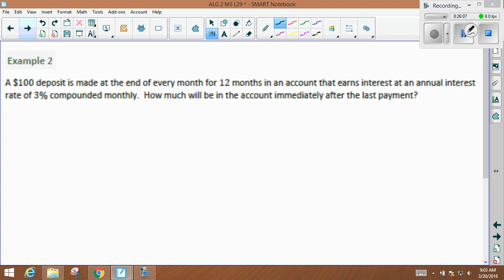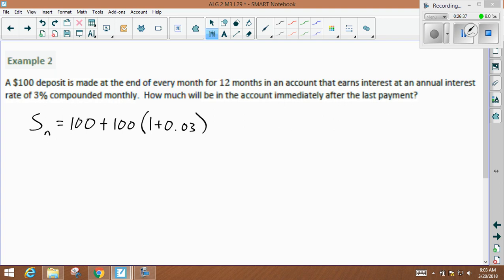Okay, here we go. Let's do a good old-fashioned word problem. Okay, so what does this look like? I have S of x going to be 100 plus 100 times, what's my growth rate? It's going to be, let's see, annual interest rate, so 1 plus 0.03, right?